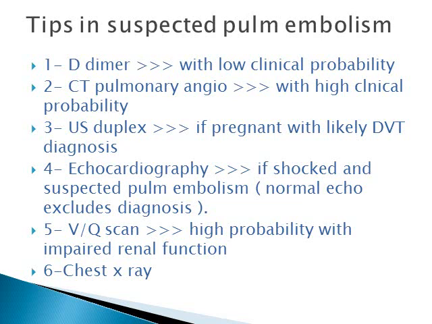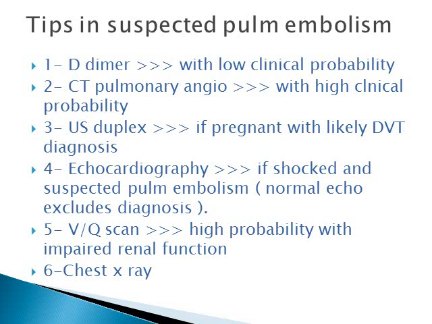So if you have a patient with a high clinical probability, with multiple risk factors for pulmonary embolism, even if the D-dimer was negative, you must go for a more definitive test like CT pulmonary angiography.